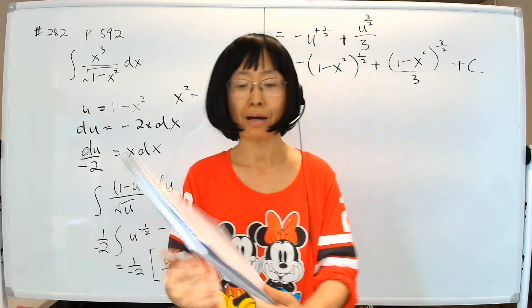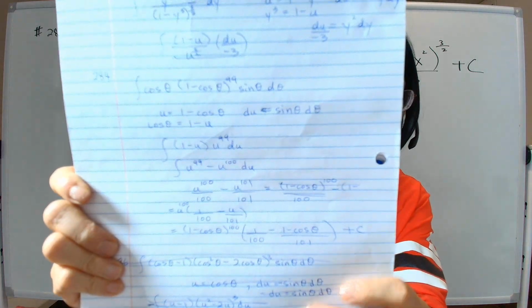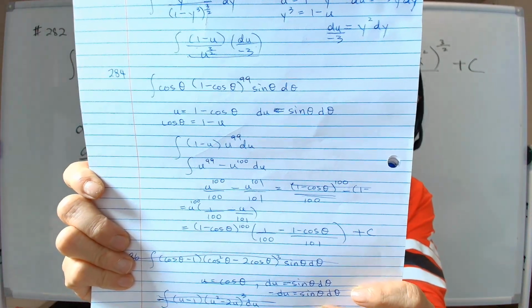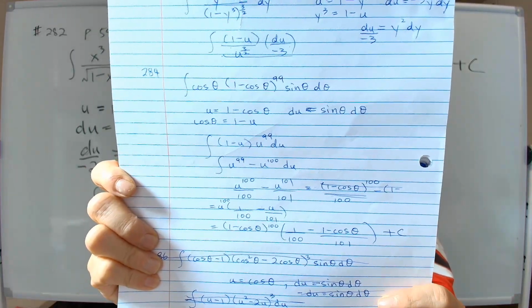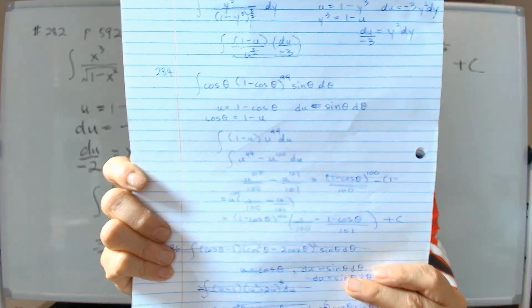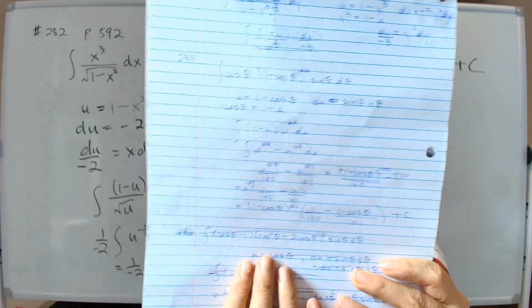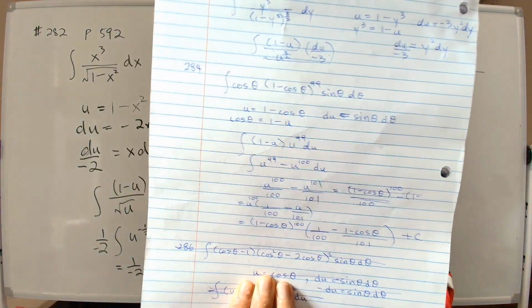Next, let's look at problem 284, which is similar to the one that we just did. I will just show you what I did. You have the integral of cosine theta times (1 minus cosine theta) to the power 99, times sine theta. The derivative of cosine becomes sine. That's fine.